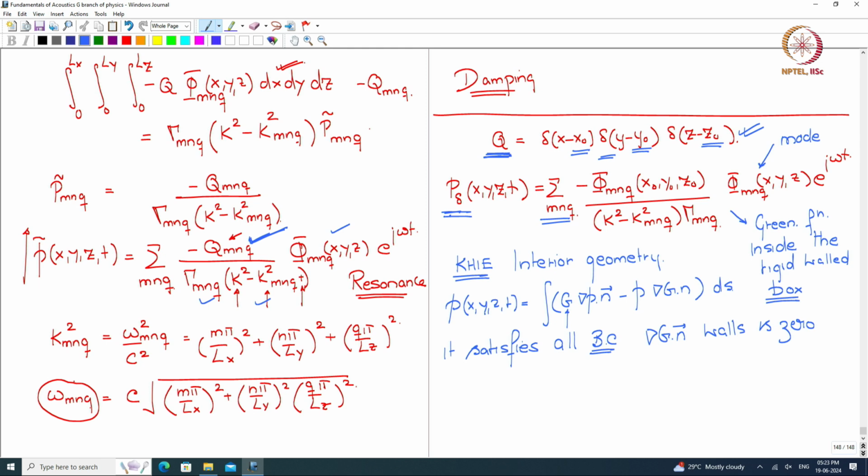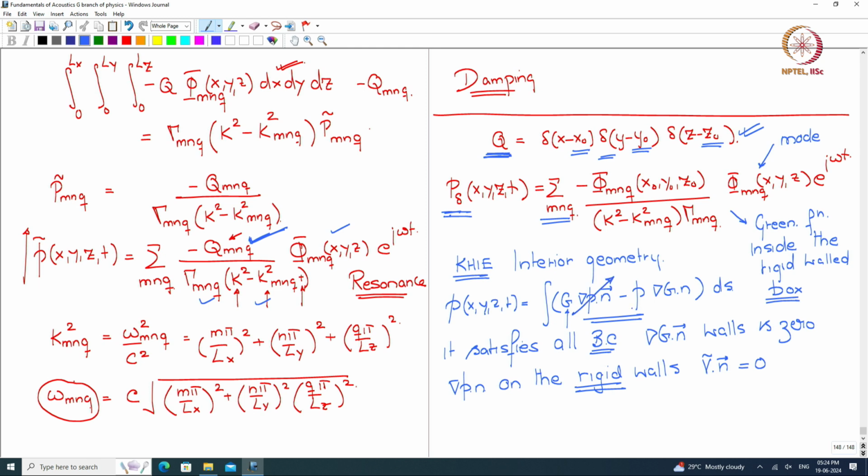So now if we look at just this integral, del p dot n on the rigid walls is velocity essentially, normal to the walls, that is equal to 0 because it is rigid walled. It is so on all the 6 walls. So now this del p dot n term is 0 and therefore this term is 0.